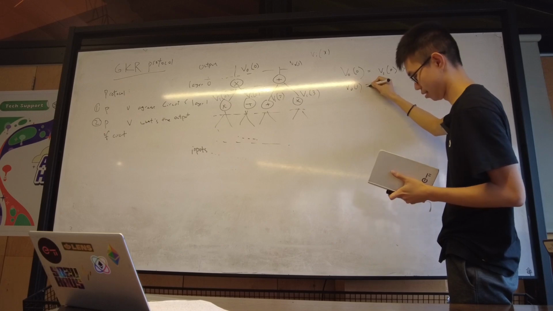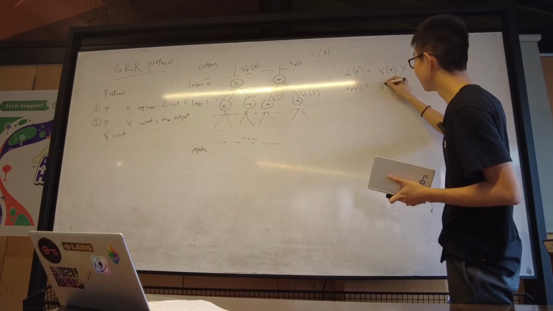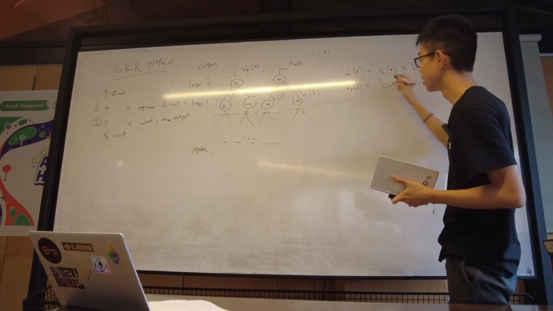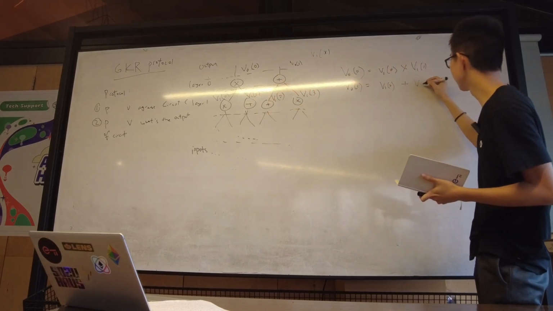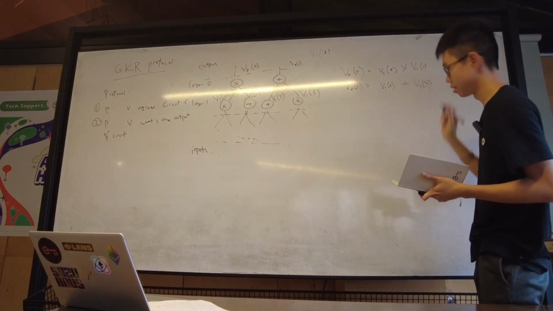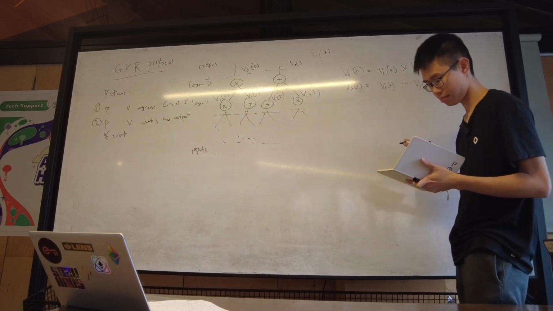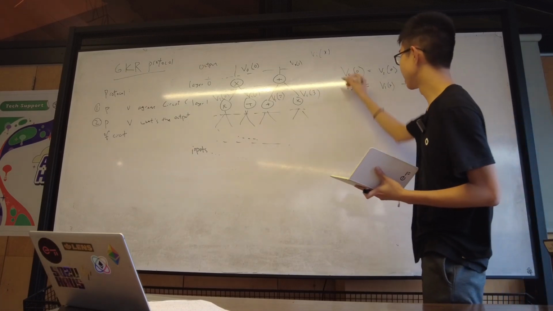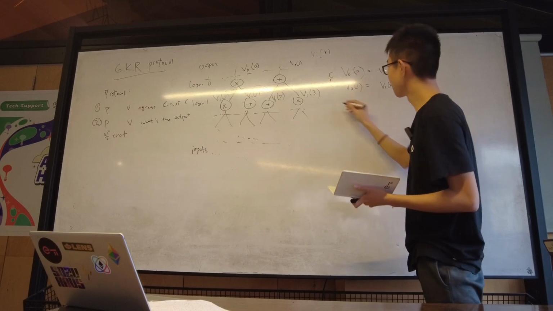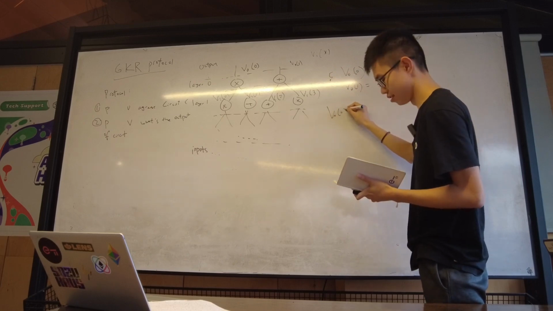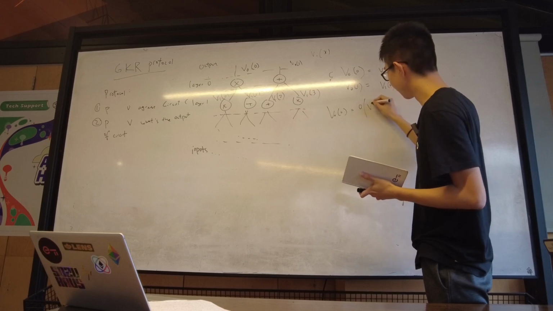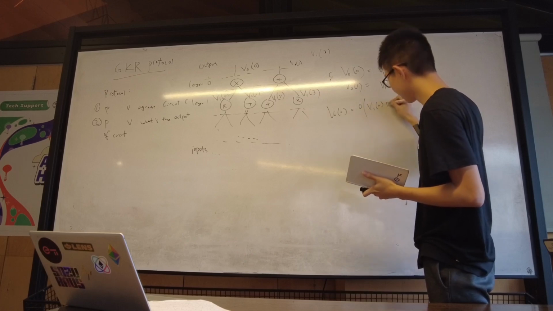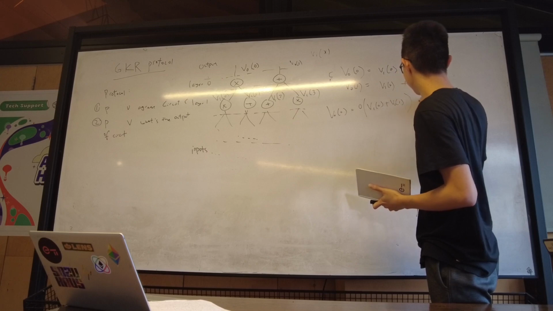V01 is V12 plus V13. So this is the multiplication gate, this is the addition gate. This is also equivalent to V00 equals 0, V10 plus V11 plus 1.